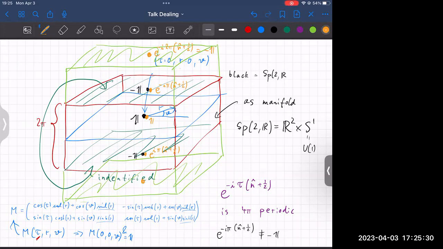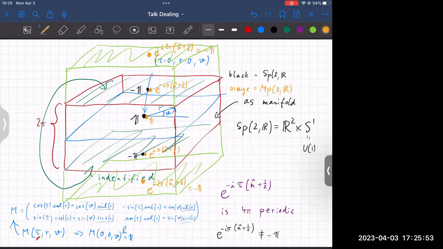And that's the same point if we go down here, which is e to the plus i 2 pi (n plus 1/2), also equal to minus the identity. So that means orange is equal to the metaplectic group Mp2R.